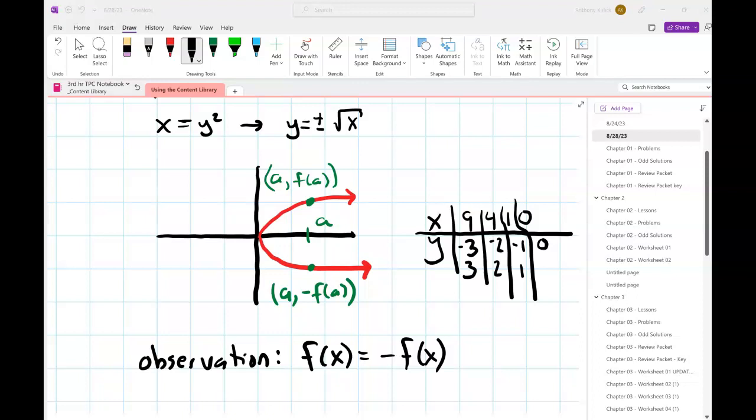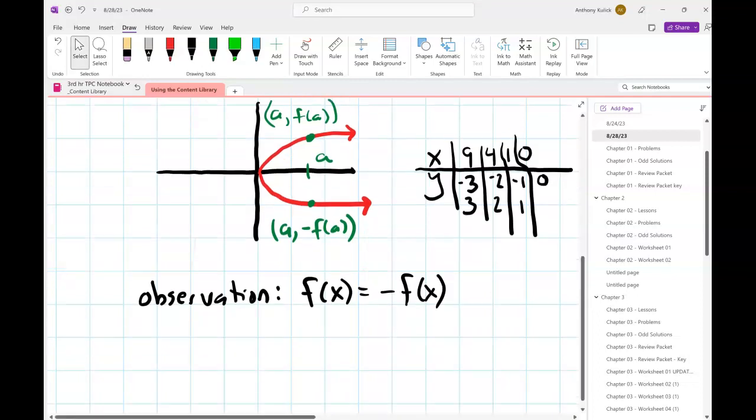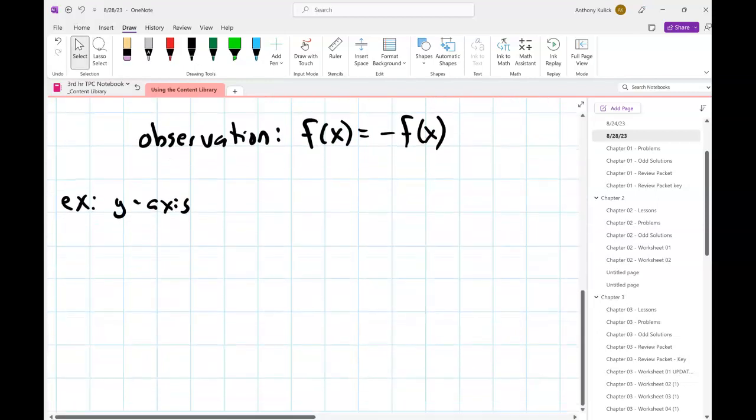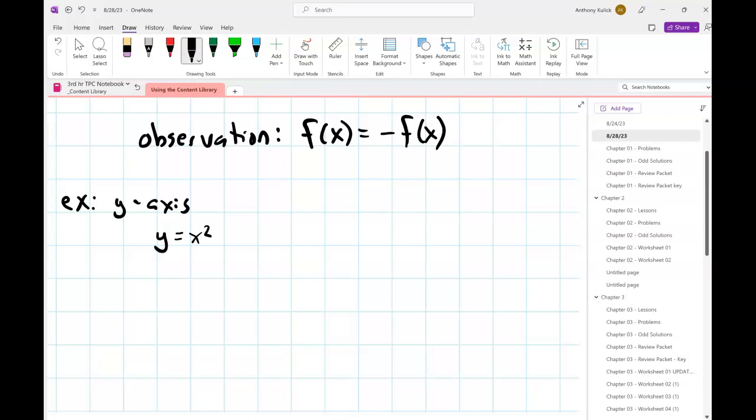Let's look at what it would mean for the symmetry with respect to the y-axis. So let's look at an equation there. Let's just say we have y equals x squared.